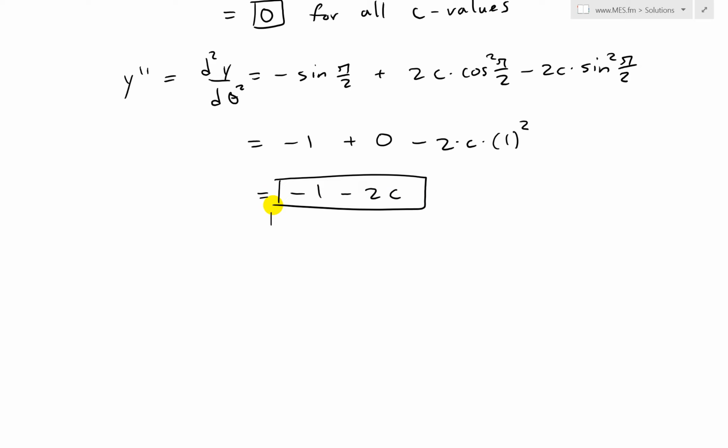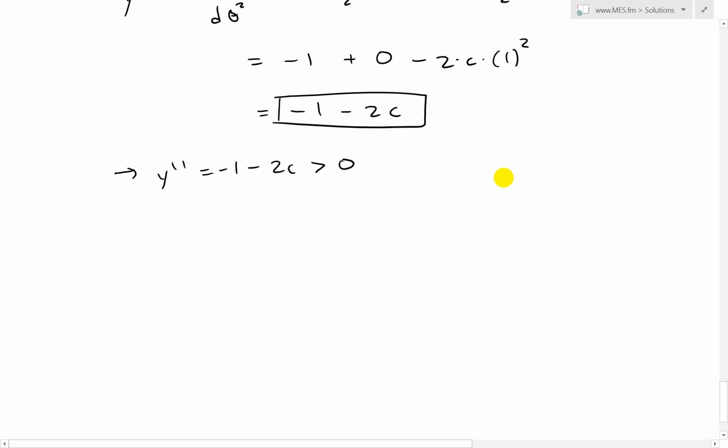We wanted to see when y double prime is greater than 0, so negative 1 minus 2c is greater than 0, and now we can solve for c. Move this to the other side. We get negative 1 greater than 2c. Divide the 2 out. We get c is less than negative 1 over 2. So there is the local minimum now.